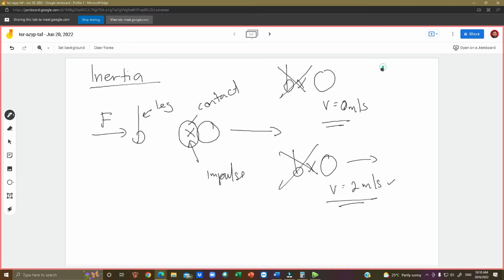This first situation is known as static equilibrium. And the second case is known as dynamic equilibrium. Okay, a movable object will remain movable, an unmovable object will remain unmovable unless there is force acted upon the system.